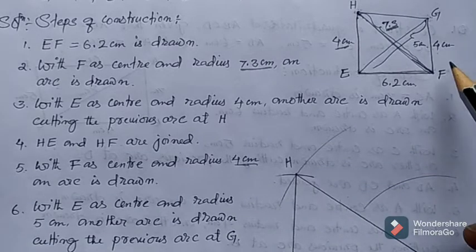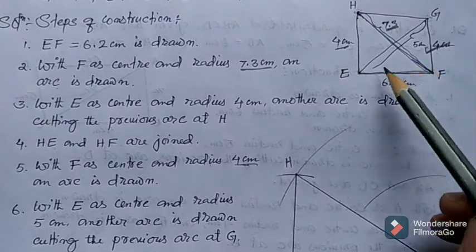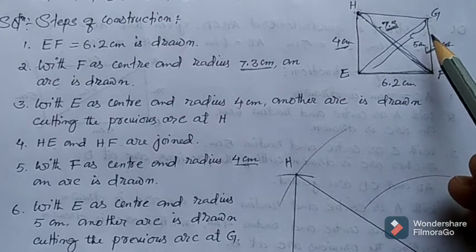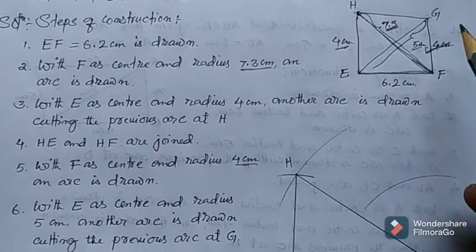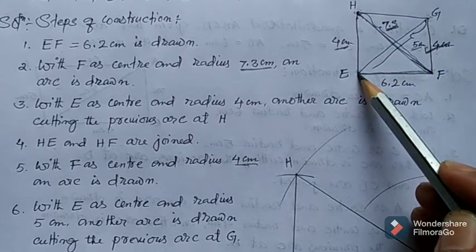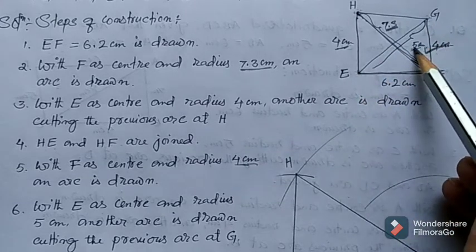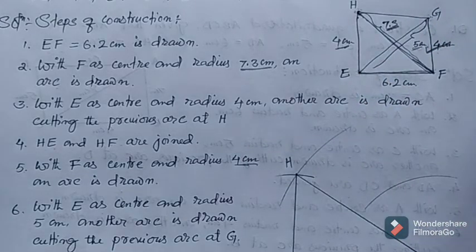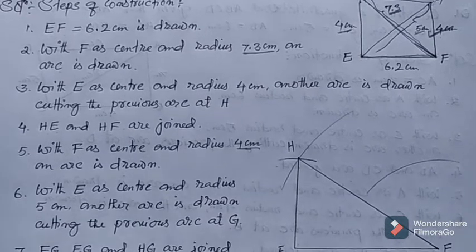Then next, since we have got FG, next will be EG, whose length is 5 cm. For this we take E as center and the radius of the arc will be 5 cm. That is step number 6.